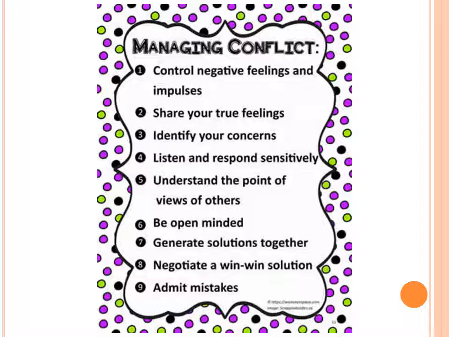First, we should control our negative feelings such as anger. Then, we should listen to the other person with an open mind. The negotiation should lead to a win-win solution, and it should be a solution that is brought together by both the parties.